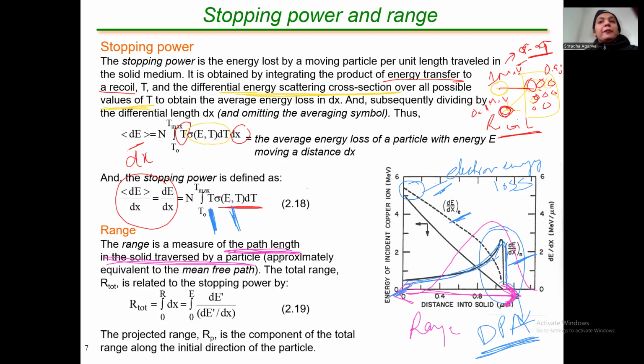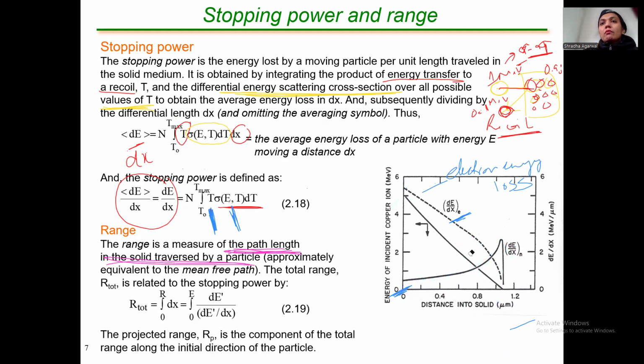And if you do here, range is the integration of dx, because what we were doing is calculating the energy loss over small distances, how much energy it is losing.